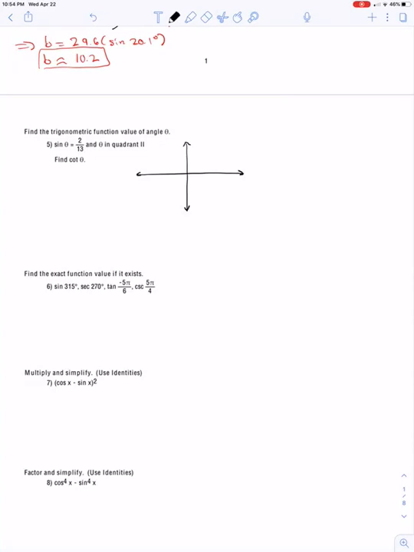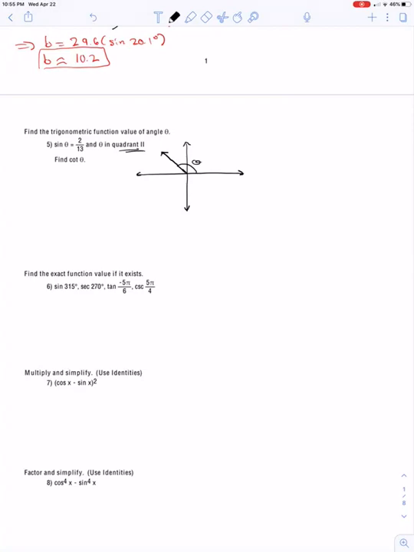So with theta, we got a quadrant 2 angle. All right, so I'm going to go ahead and draw in a rotation here to quad 2. So here's theta. And theta's in quadrant 2.